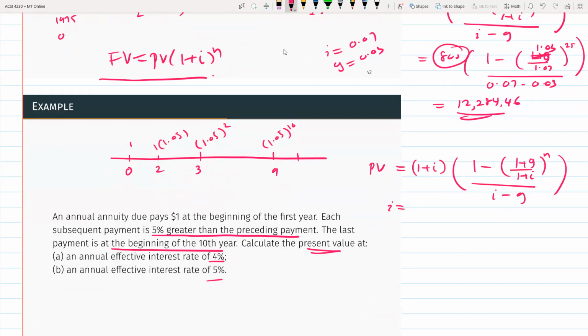I is the discounting rate. In this case, for the first one, we can use 4%. And G is the growth rate, which is 5%. 1.04. And N is 10. We have 10 payments.